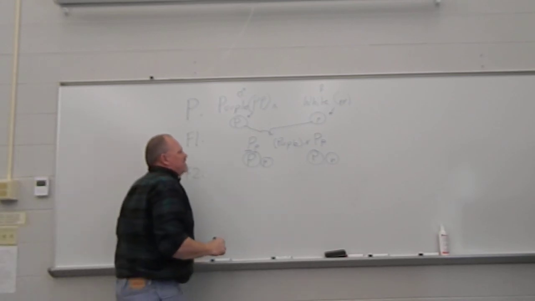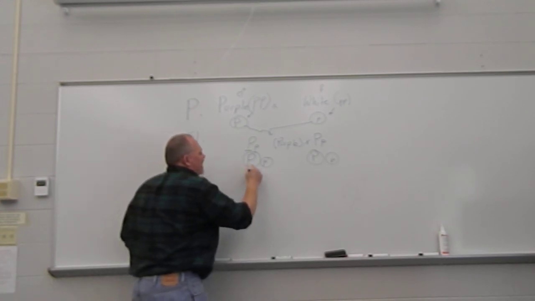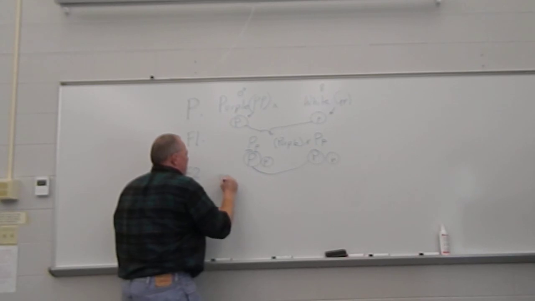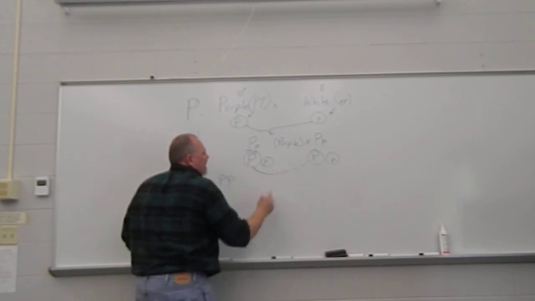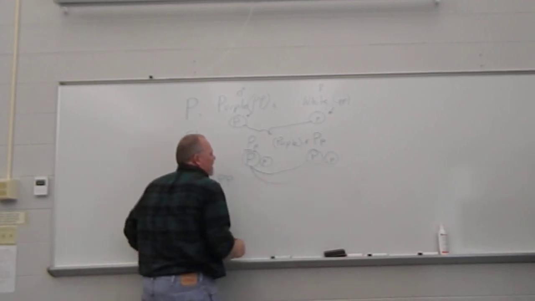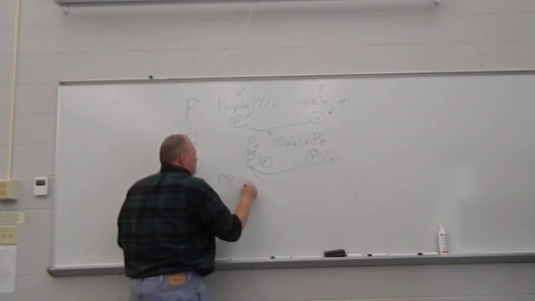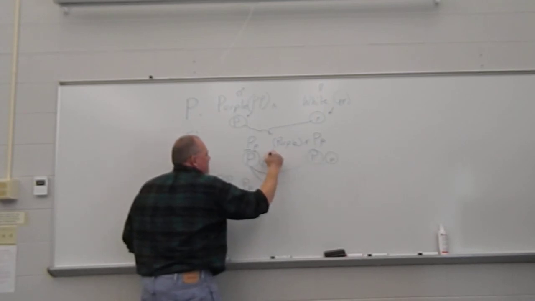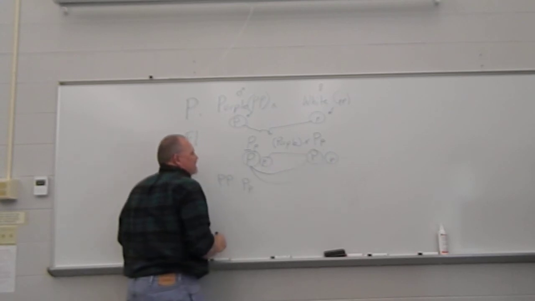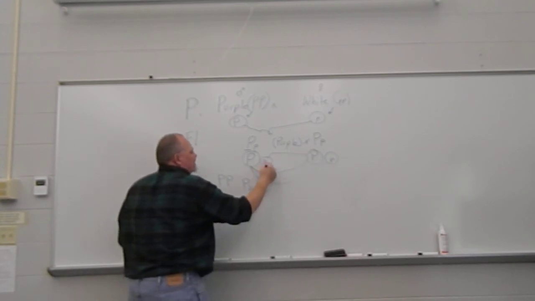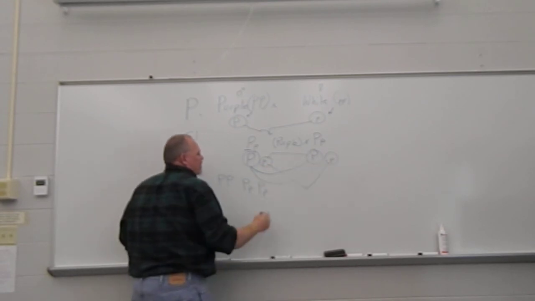So there are several possibilities now. You could have one big P fertilize another big P, or this big P could go over and fertilize that little p, right? Likewise, this little p can go over and fertilize a big P, or this little p can go over and fertilize the little p.